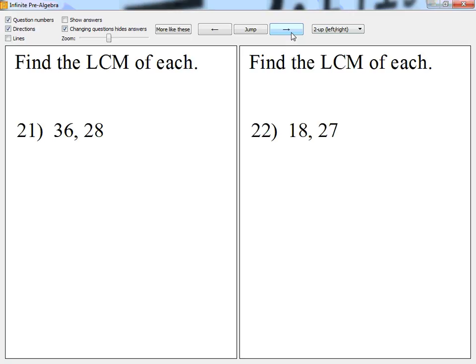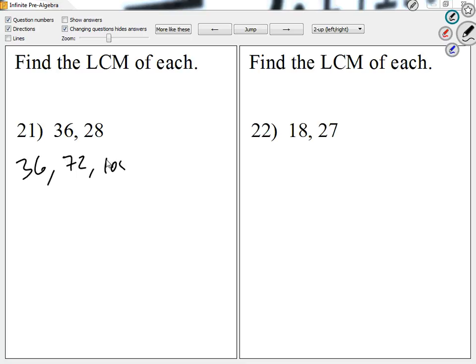First of all, we can list the multiples. If I look at 36, let me list a few multiples. I know I start with 36. Each time I'm going to add 36 more. How much is 36 plus 36? 72. Let me add 36 more. How much is 72 plus 36? 108.